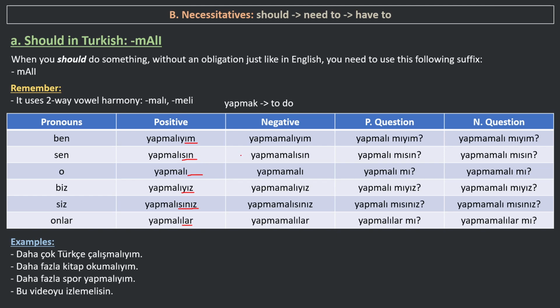And in the other parts, you can see the different forms, like negative. The way to make a verb negative in Turkish, just like in English when you add not, like I should not, we add this ma suffix here. Yapmalıyım.